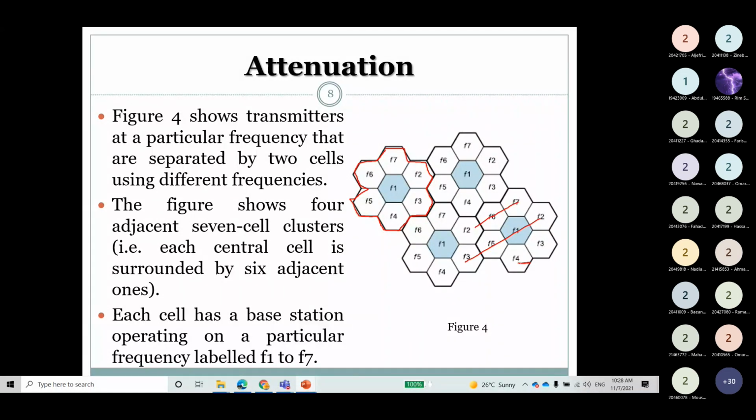This is F3, the same. F2 for F2, this is line 1, line 2. So this is F2. F1 is the same; it is separated by two lines of cells, or 2 cells in fact. The figure shows 4 adjacent 7-cell clusters. This is the first.